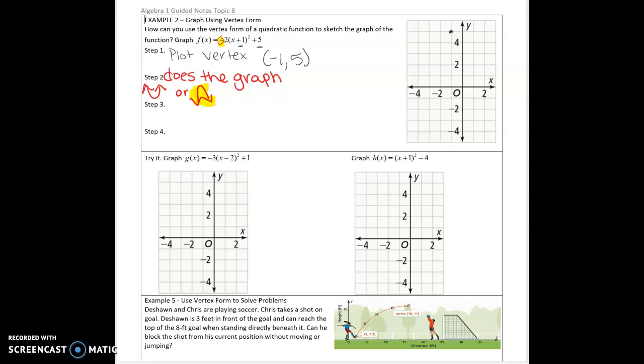Okay, and then the next step is evaluating 2 other points so that we can graph some more.